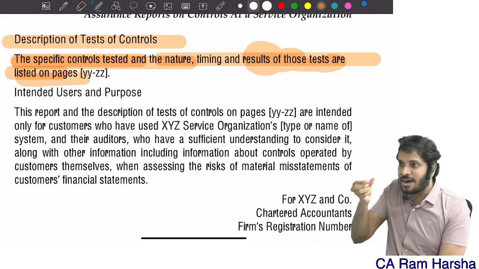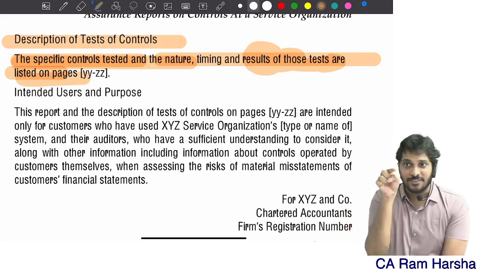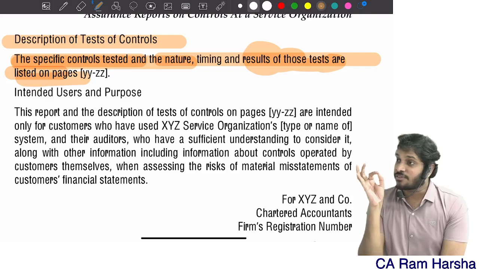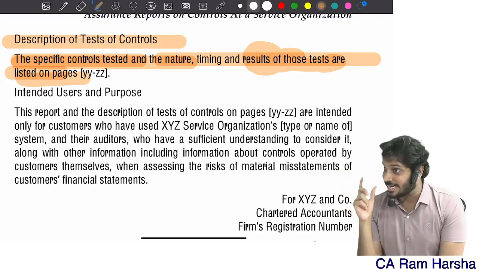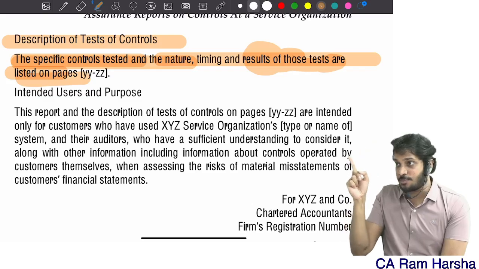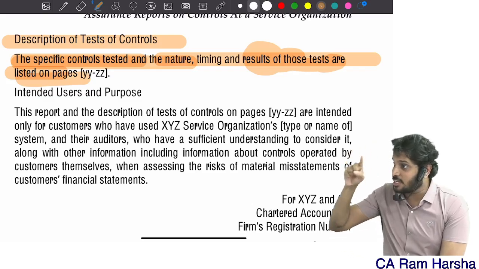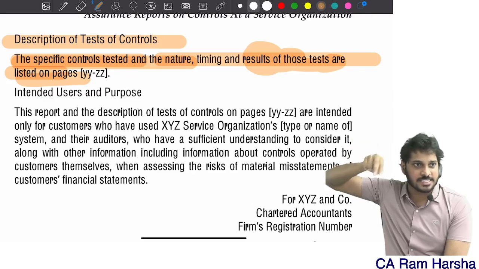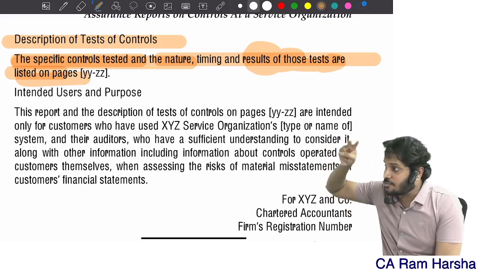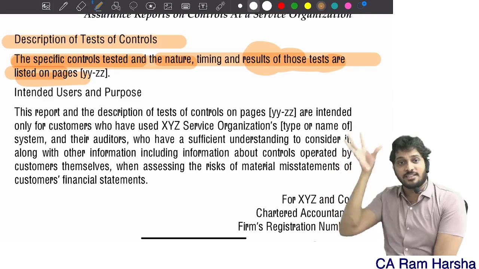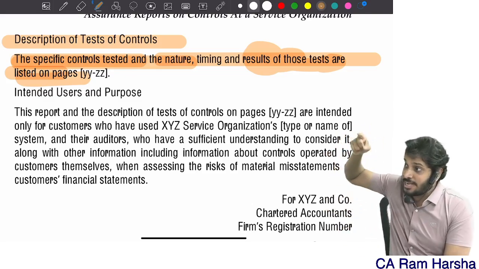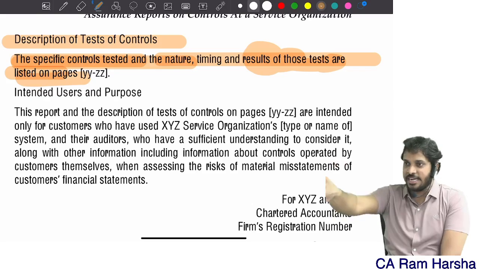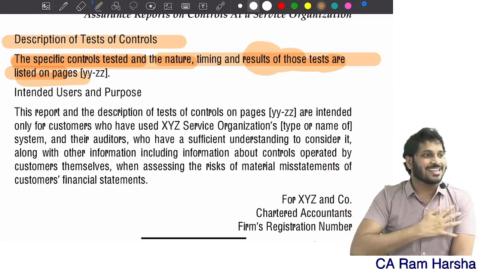And this entire bunch, what is there here? Service auditor report is there, list of controls he tested and the result is there, management description of system they designed and implemented, suitability of the controls and control objectives, whether they are operating effectively or not, management gave a report. That entire bunch, we user auditors will get.